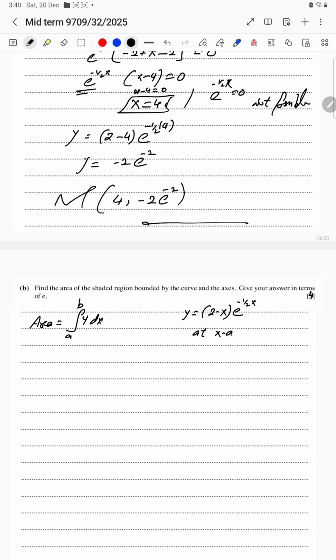At the x-axis, you know the y coordinate is 0, so 2 minus x and e raised to minus 1 by 2x equal to 0. So 2 minus x is 0. So x is 2, the other will be ignored. Then we have the coordinate 2 comma 0. The limits along the x-axis are what we need to carry on.